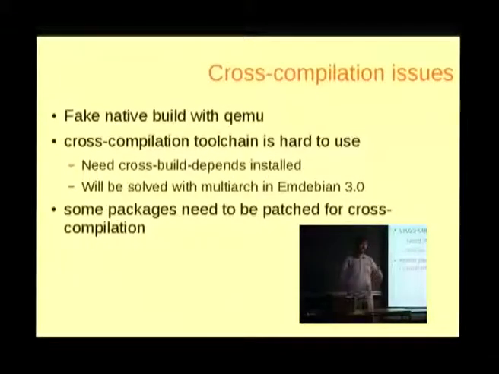Or they will build something which they execute to find something about the environment. And then, of course, if you build that with the cross-compiler, you can't actually execute it. So you need patches to solve those things. Or sometimes there are other workarounds, like running something in QEMU. And the Emdebian people are basically very busy doing that kind of thing.